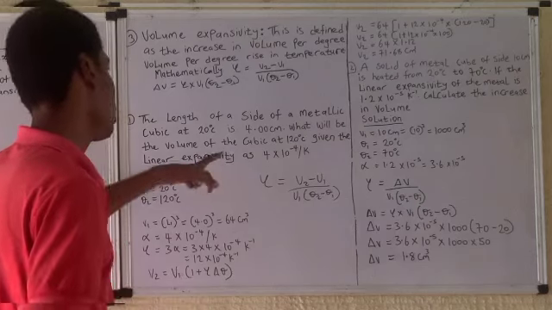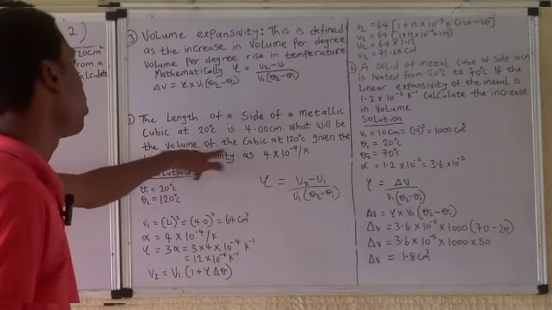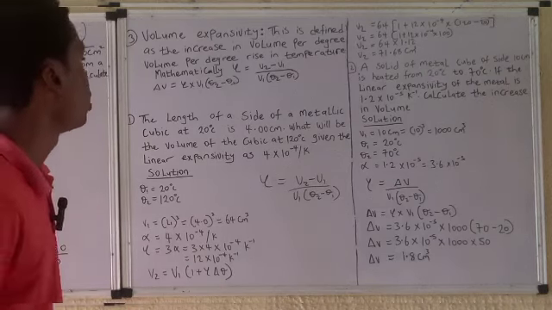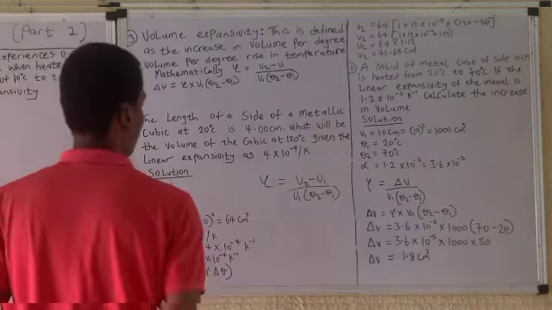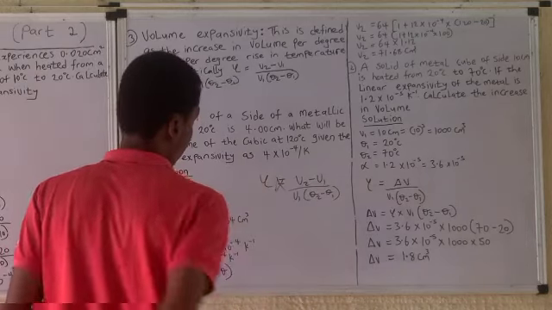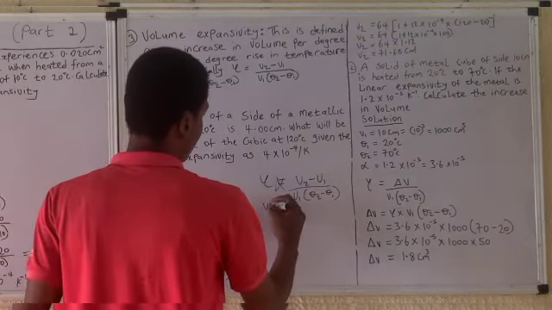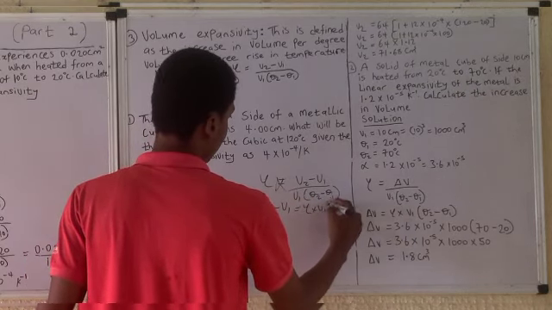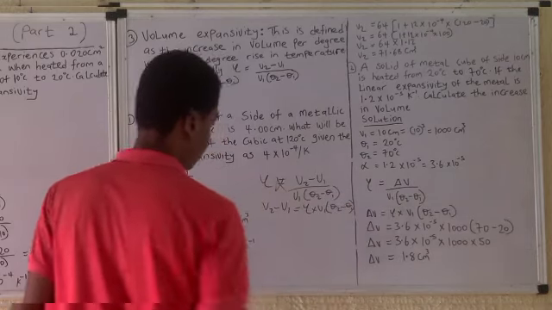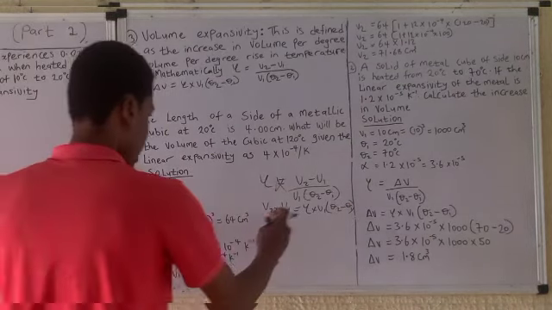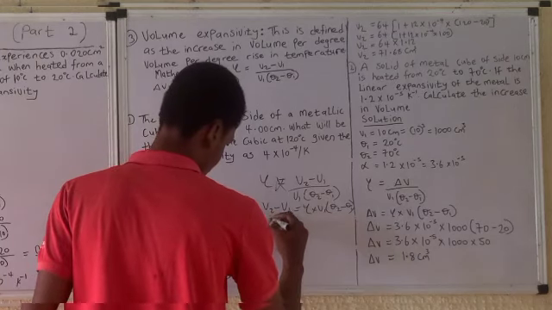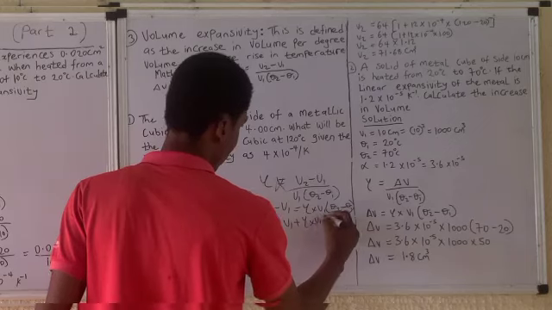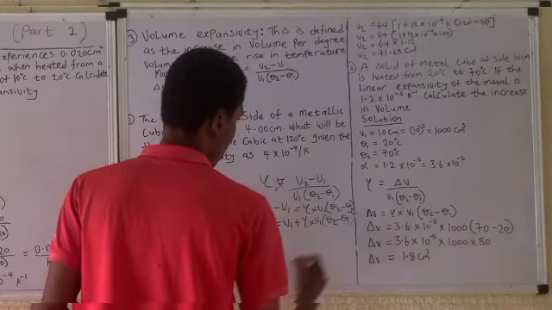But they said we should calculate the volume of the cubic. That is our V2. So what we do here, we cross multiply. When we cross multiply, we have V2 minus V1 equal to our gamma times V1 in bracket theta 2 minus theta 1. So we take minus V1 to the other side, it becomes plus V1. So we have V2 equal to V1 plus our gamma times V1 in bracket theta 2 minus theta 1.